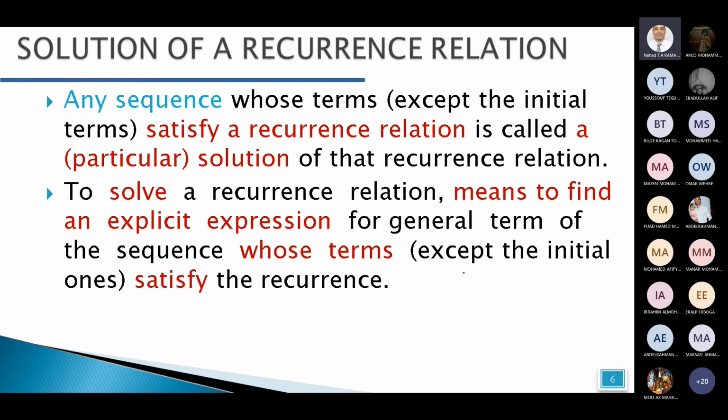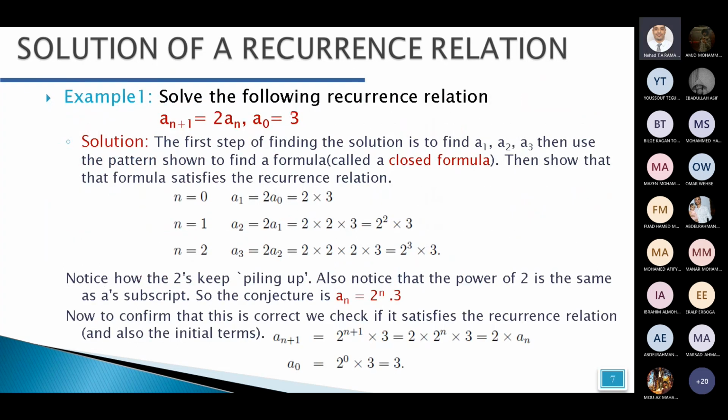Let's take examples. Okay, we need to find the solution for this recurrence relation. You know it, yes, this first recurrence relation. First example, first recurrence relation. How to solve it? To solve this recurrence relation, actually, we have many ways.